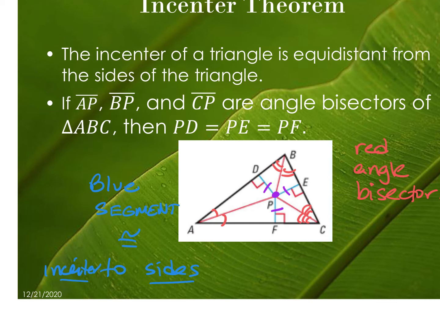So from the point of concurrency of the angle bisectors out to the sides, they're all equally distant. A perpendicular bisector is going to hit at the midpoint of the side of the triangle, and the angle bisector is going to bisect the angle. So look for these congruency marks.